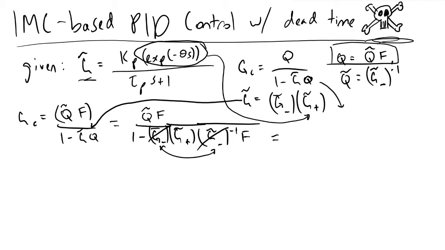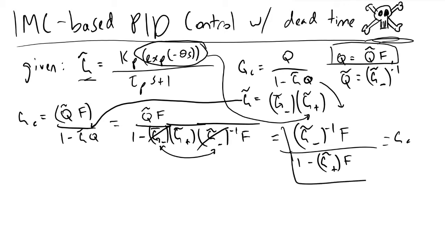And so our equation will now look like G tilde minus inverse times our filter divided by 1 minus the unstable portion of our process model, G tilde plus, times the filter. And this is a key point to get to when we're dealing with lag in our system.